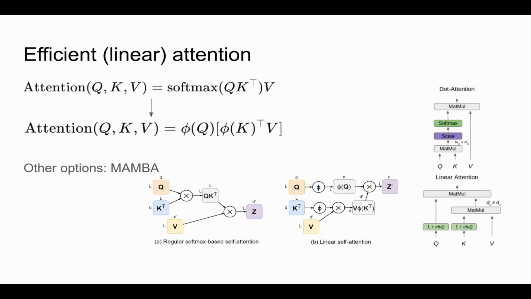In vision transformers, this can be used. I've seen, I'm not sure if you saw Mamba, that's a different type of attention mechanism, which is linear in the size of input. And there are many, many different versions of these more efficient attentions.